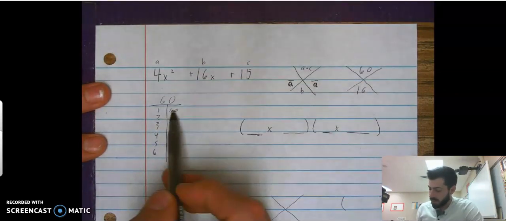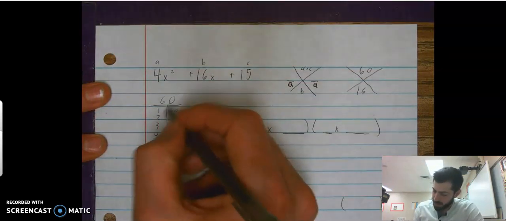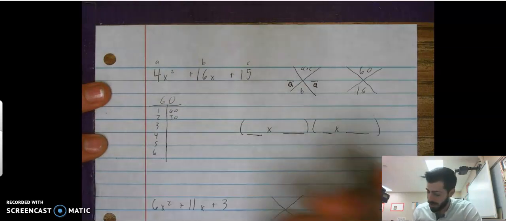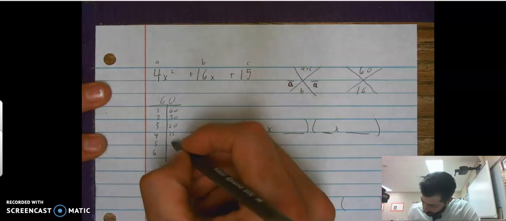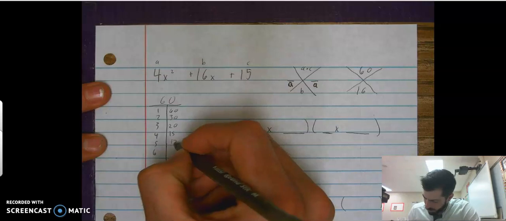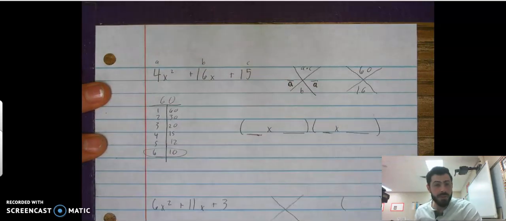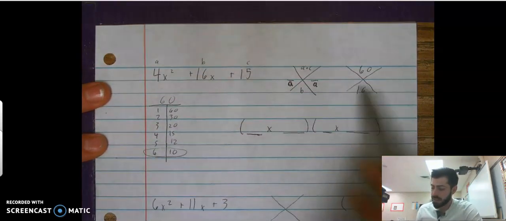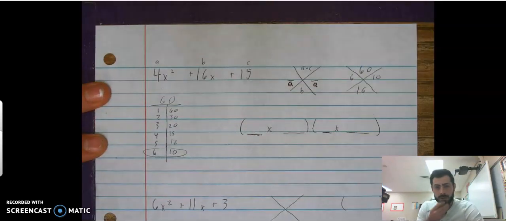That doesn't work because 60 plus 1 is 61, not 16. 60 divided by 2 is 30, so that would add up to give us 32, not quite there. And we can keep going down this. And when we go far enough, we do find what we're looking for. 6 times 10 gives us 60, and 6 plus 10 gives us 16. So we put 6 and 10 as our two numbers that we're looking for, our two key values, right?